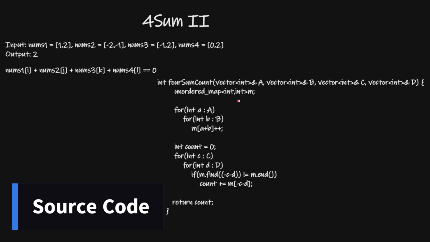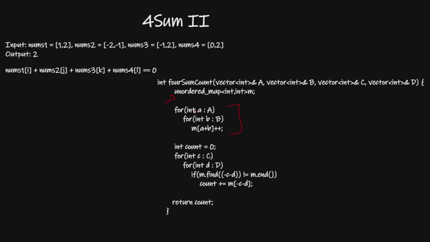Here, first of all, I am taking an unordered map and storing the sums in this map. I start the first loop and then the second. First I take 1 and minus 2. 1 and minus 2 will be minus 1, so I add minus 1 here and make its count 1.